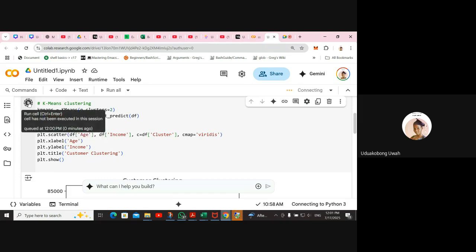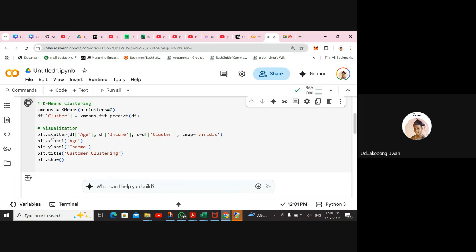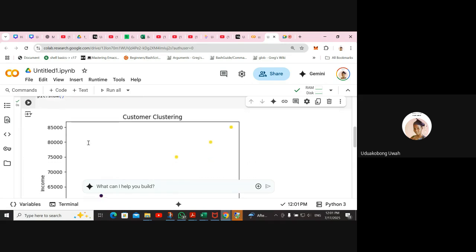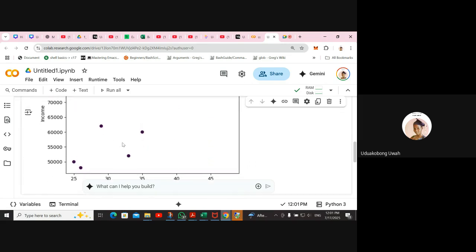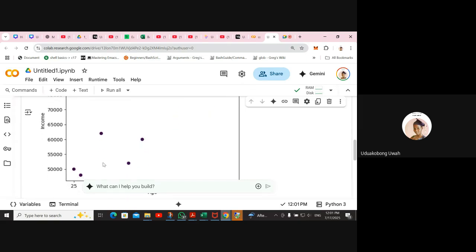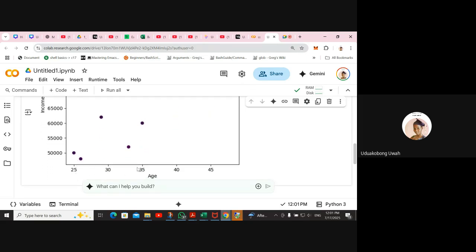If I run that, okay, it's done. You've seen the scatter plot, which groups people at particular age ranges.